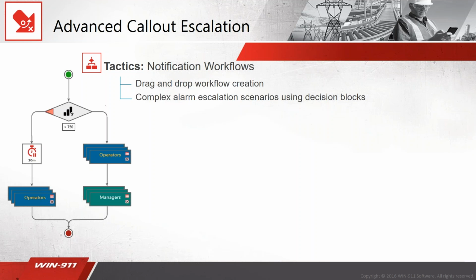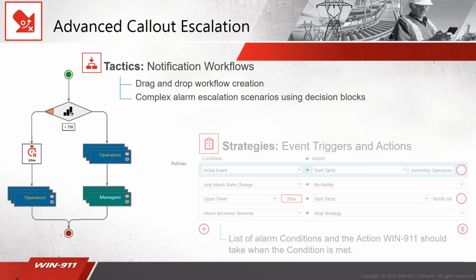And now when I create my escalation, I'm using these dynamic roles, and I'm not putting in a particular person's name. So when you create a new person in your WIN-911 system, if you've set up your tactics like this, you don't need to go edit your escalation. They'll automatically be put in just by attaching that role to the connection. And this workspace is drag and drop, and I'll show you it in a live demo in a little bit, but let's move on to strategies here.